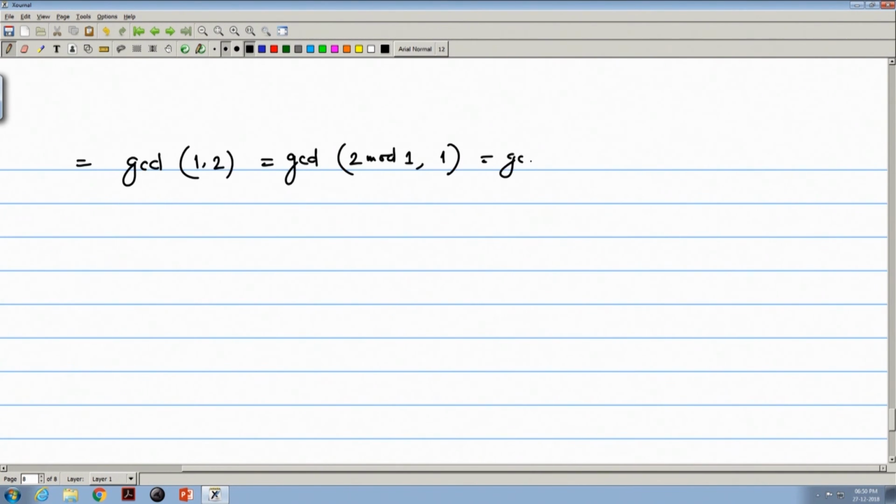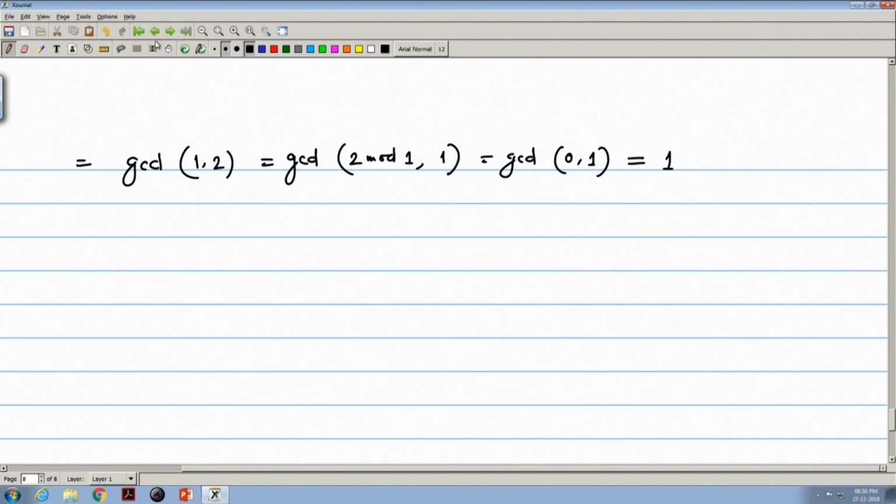So, this becomes GCD(0, 1), and now a equal to 0, so this is equal to b. So, this is 1.